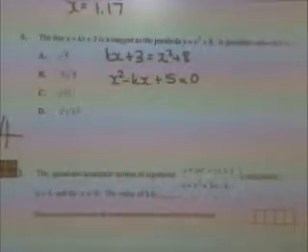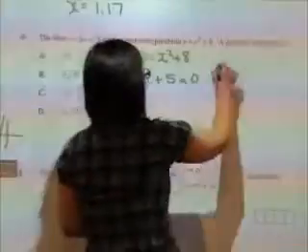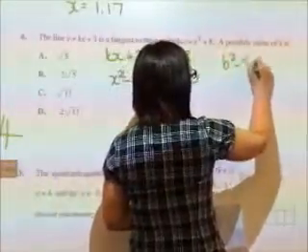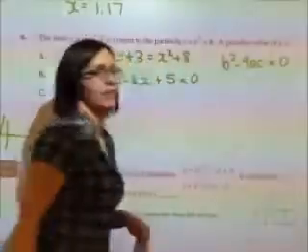But in terms of the quadratic formula, when we were looking at the discriminant, which we looked at in the previous question, when I have no solution, the discriminant is negative. When I have 2 solutions, the discriminant is positive. And when I have one solution, the discriminant is 0. So that means that b squared minus 4ac is equal to 0.